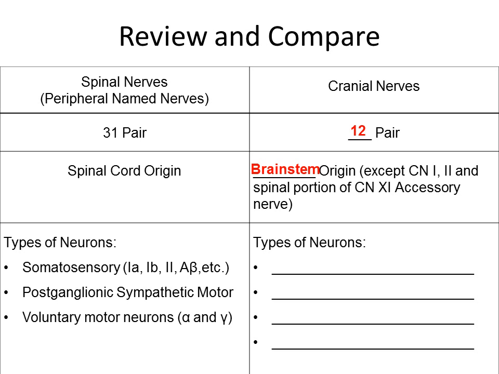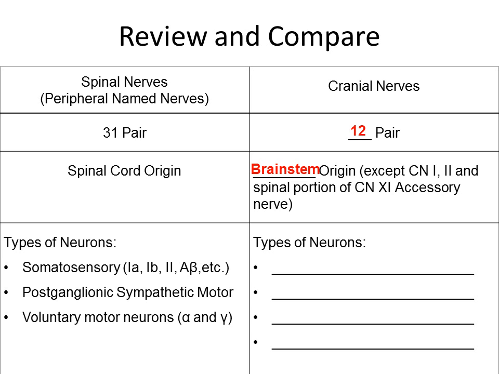I want to be thinking about now our named nerves out in our limbs and out in the walls of the trunk. In those particular nerves, we have two types of neurons all the time and one type of neuron some of the time, really the majority of the time.